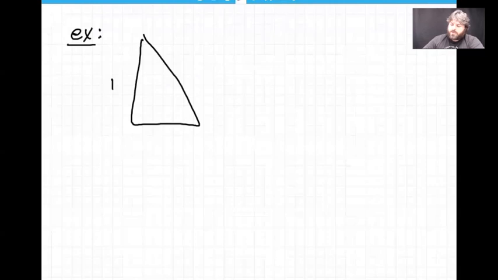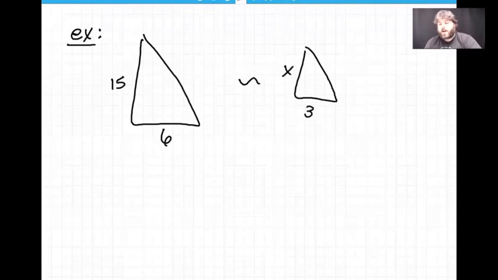Okay, so let's look at an example. This can kind of get a little weird, the way I write it like that looks a little strange. But let's look at an actual example. All right, let's say we've got a triangle with lengths 15 and 6 is similar to a smaller triangle with lengths 3 and some unknown length that I want to find out.